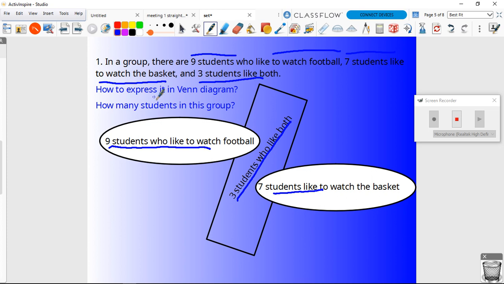How to express it in a Venn diagram? Remember that if they like both, it means they are in the intersection area. And then how many students are in this group?